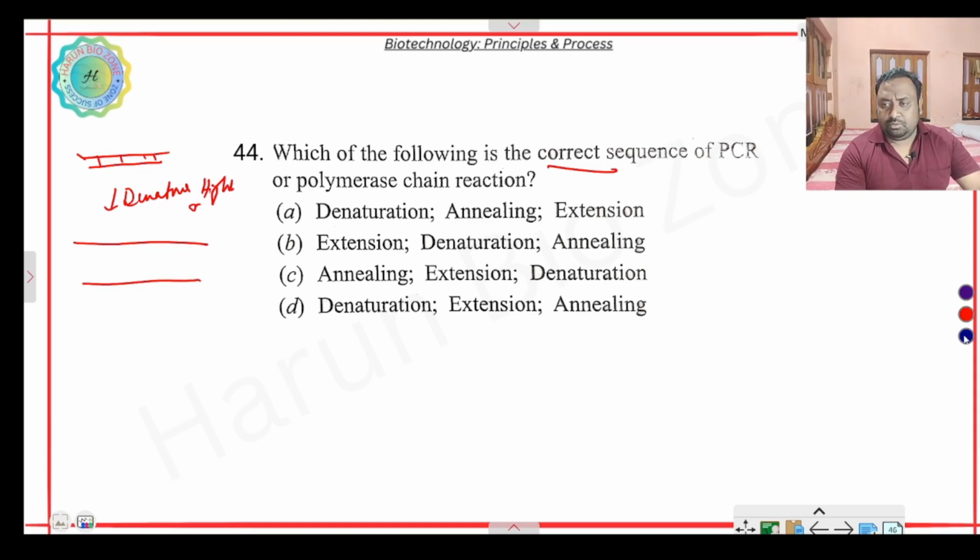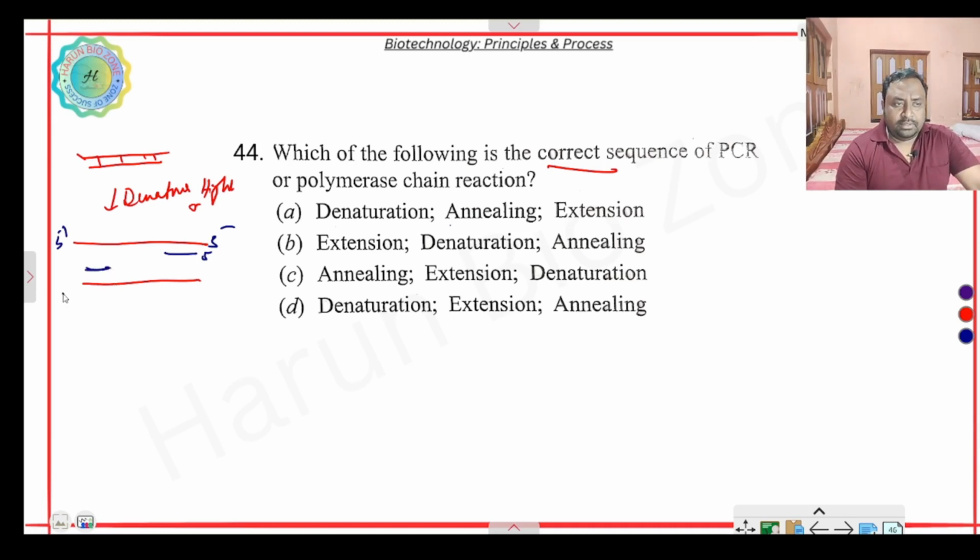Then use a small primer. Suppose 5 prime to 3 prime, so 5 prime to 3 prime, the primer anneals.